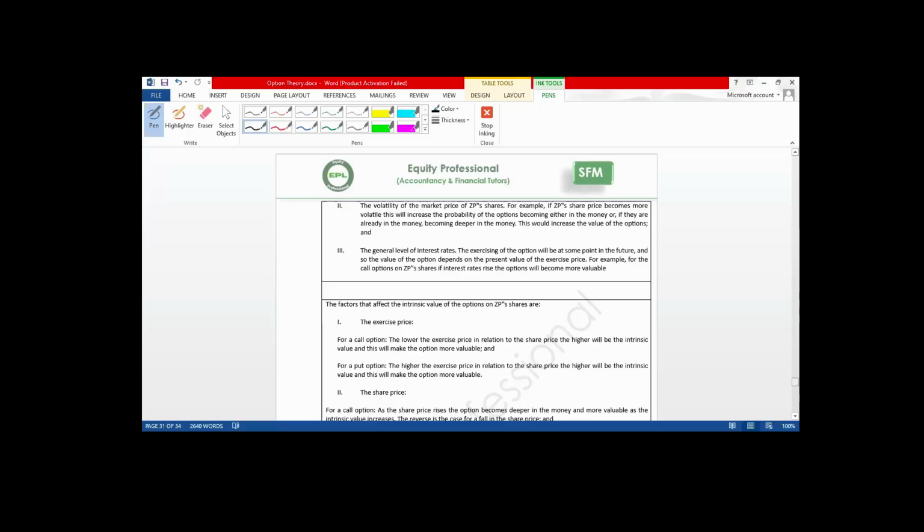For put option, the higher the exercise price relative to the stock share price, the higher will be the intrinsic value.